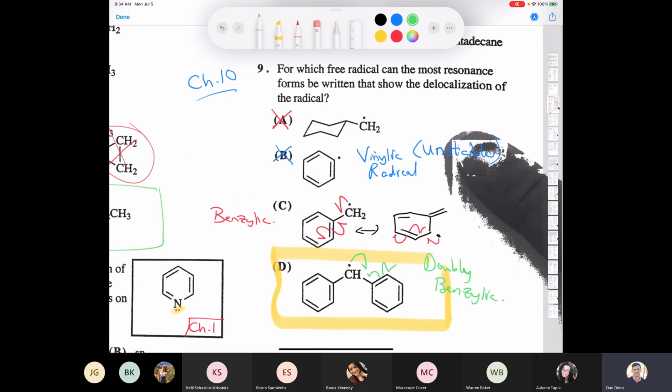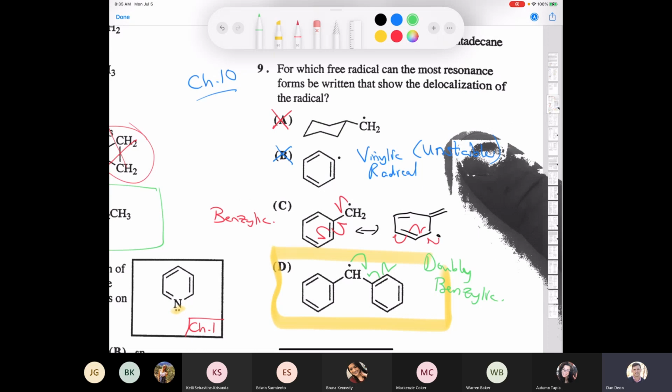So this one would have a total of 7 resonance contributors, whereas C would only have a total of 4, and D would have 1, 2, 3, 4, 5, 6, 7. Yeah, a total of 7.